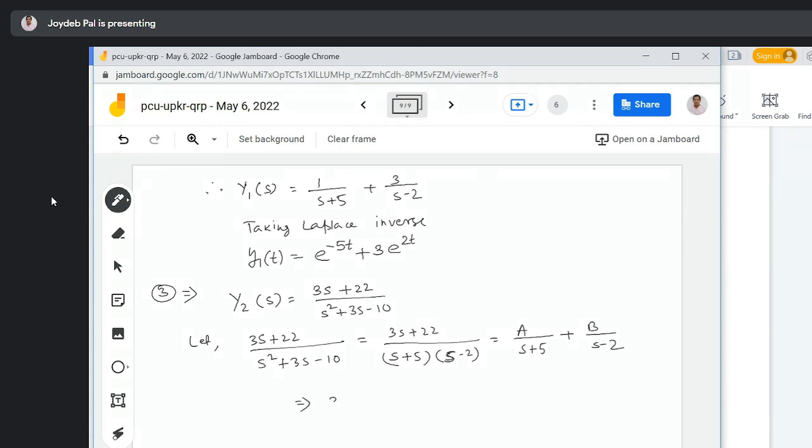Which implies that 3s plus 22 is equal to a into (s minus 2) plus b into (s plus 5).